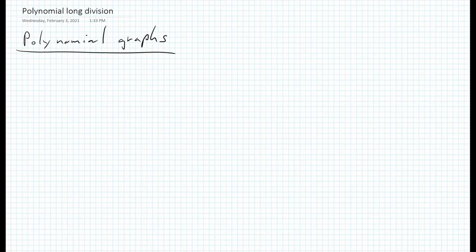The motivating idea is: what can we tell about the graph of a polynomial just by looking at the properties of the polynomial? Can we tell anything about the shape of the graph just by looking at the degree, the leading coefficient, or the number of terms?